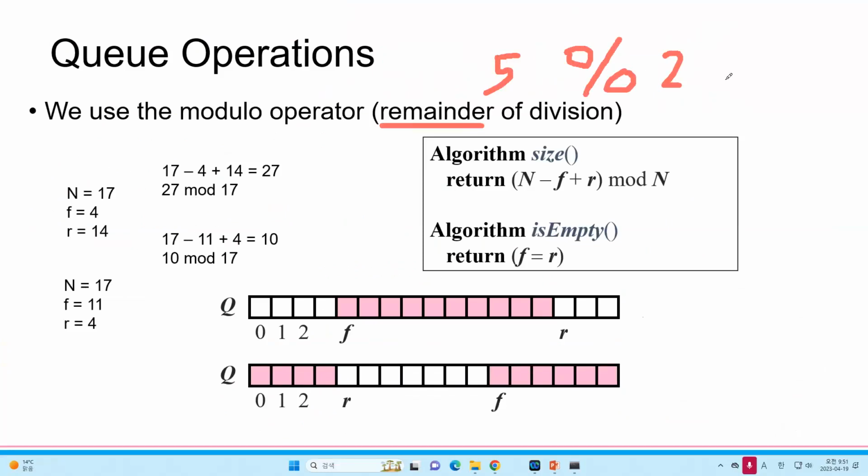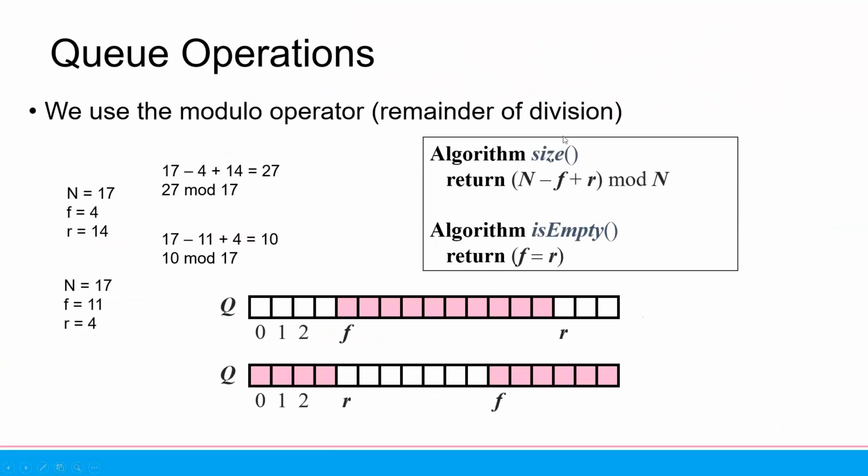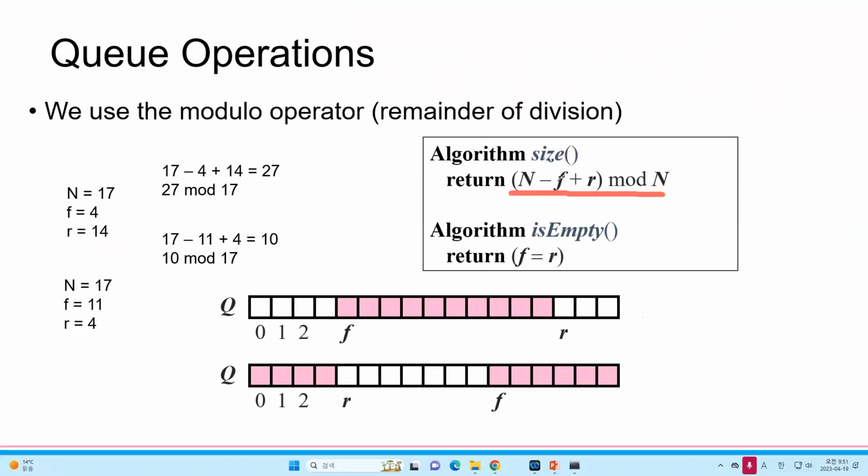So 5 modulo 2 means it is 1. So we can use this remainder operation to calculate the size. So the formula will be this one, (n minus f plus r) mod n.